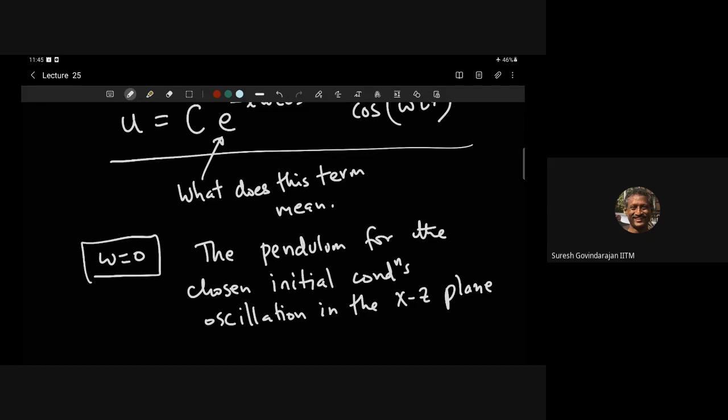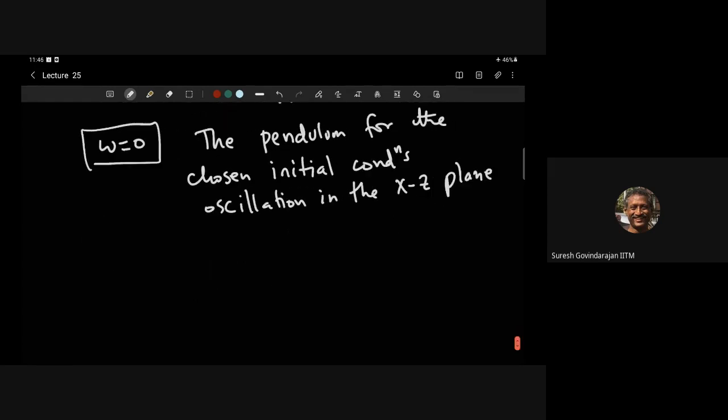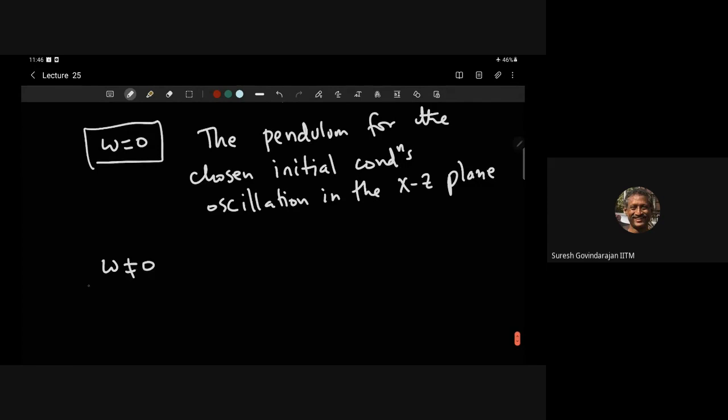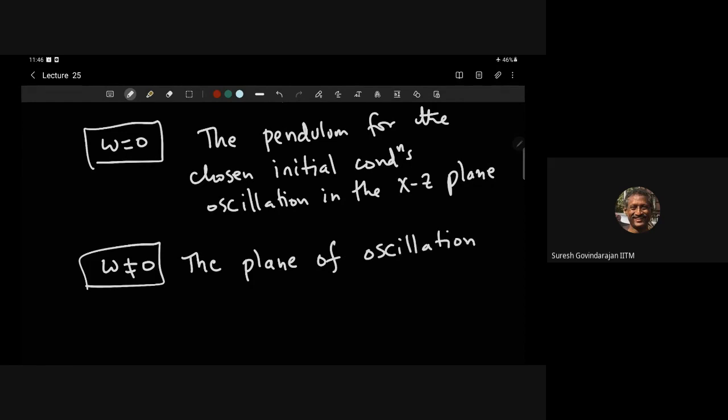There's nothing else. But what is happening is that because there is a Coriolis force, it will push it along the y direction. So omega not equal to 0 implies the plane of oscillation of the pendulum precesses.